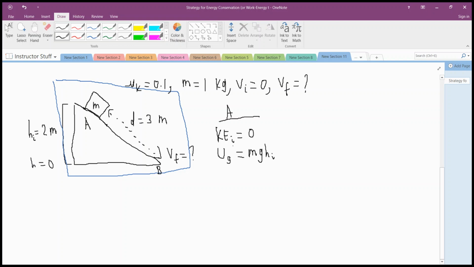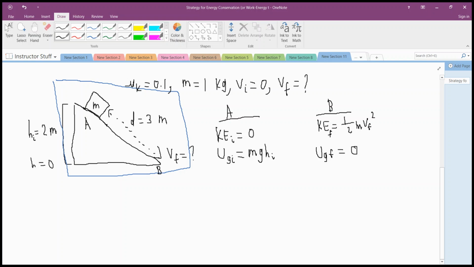Nope, that's all we have for state A. All right, what about state B? Well, in state B, our block has kinetic energy, and it's going to be 1/2 m v final squared, because the final state corresponds to state B. What about gravitational potential energy at the bottom? We have 0, because we have 0 height at the final state, state B.